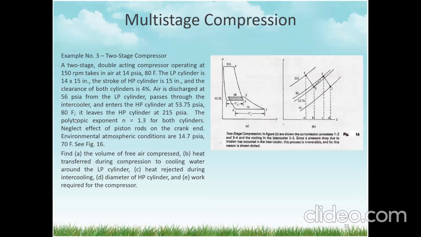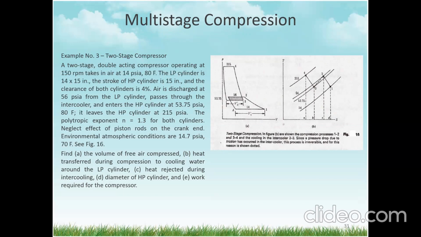So, example: a two-stage, double-acting compressor operates at 150 RPM, takes in air at 14 psia, 80 Fahrenheit. The LP cylinder is 14 by 15 inch. The stroke of each cylinder is 15 inch and the clearance of both cylinders is 4%.